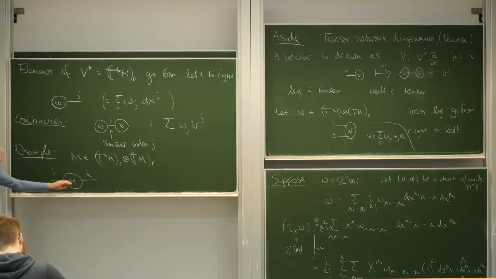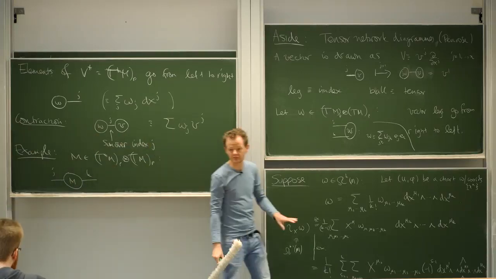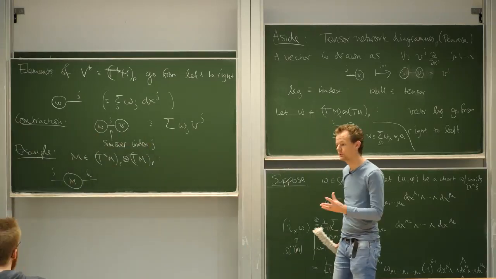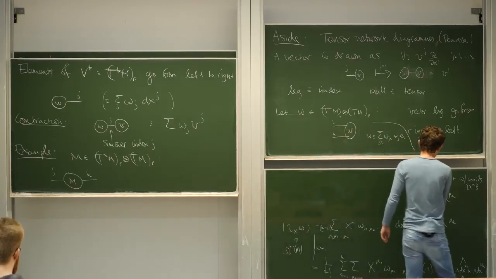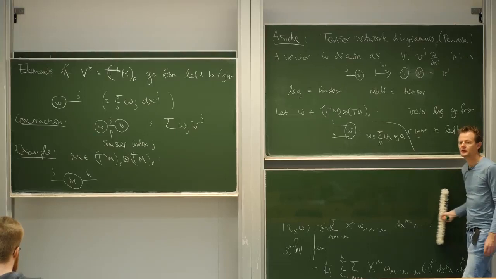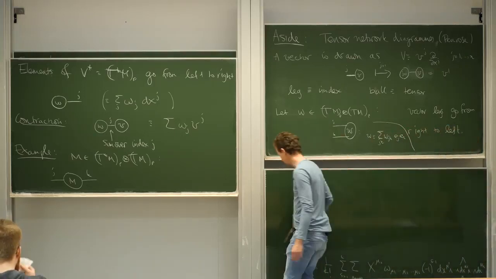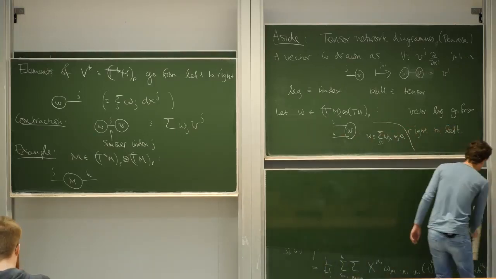And then you can see that you can build quite complicated objects diagrammatically, and these represent tensors, and you can contract these tensors with each other to build other tensors.